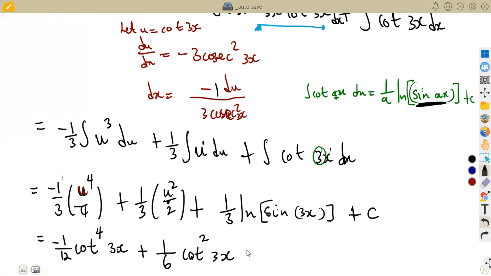Then the rest just remains as it is, 1 over 3 the ln of sine 3x, plus the constant of integration. So that is how we could have integrated this part.